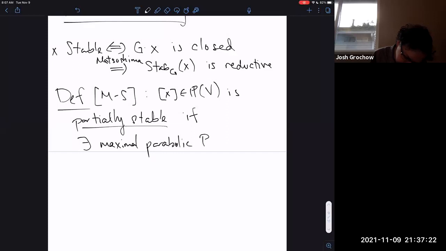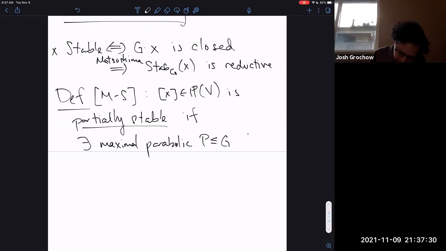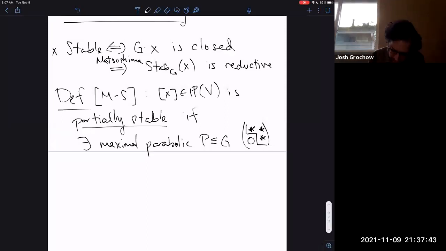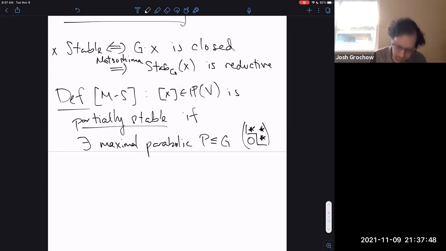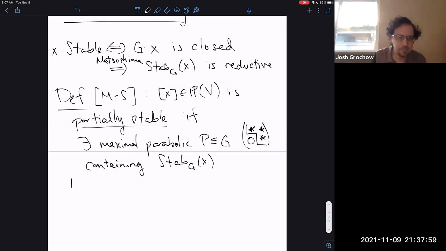So there exists a maximal parabolic subgroup of G. And what does this look like? There's a general definition of parabolic group, but the picture you should have in your head for GL_n is block matrices like this, with the following properties. A maximal parabolic containing the stabilizer, such that three things.